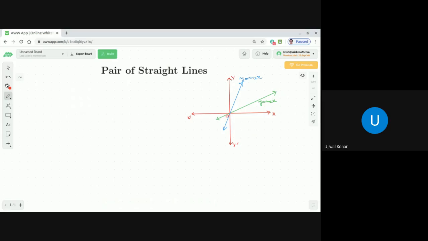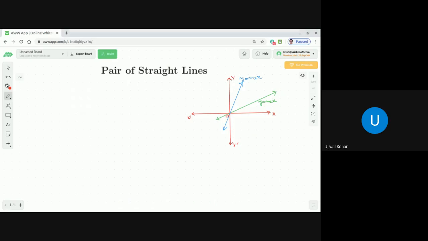For that, first we need to understand a concept called homogeneous equation. So first we need to know what a homogeneous equation is. A homogeneous equation is an equation whose right hand side is 0, in which the sum of the powers of the unknowns, let's take two unknowns x and y, is the same in every term.